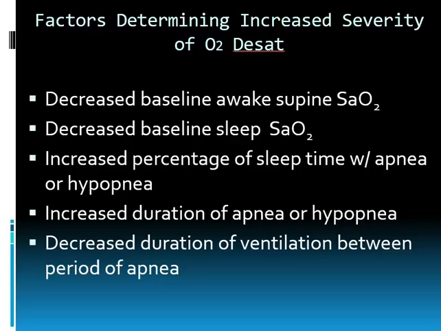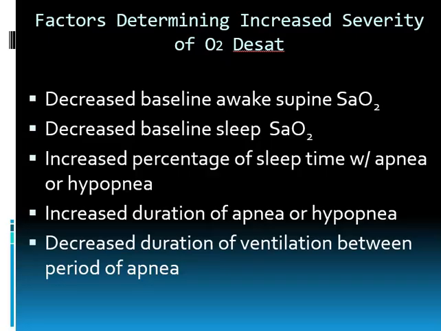There are things that can impact the severity of the desaturation, such as the patient's baseline oxygenation going into the study, when they're awake and when they're asleep. Generally, a lower baseline oxygenation will lead to more severe desaturations throughout the night. Another factor is how much time the patient is actually having these events. The definition of an apnea or hypopnea is that it has to be at least 10 seconds.